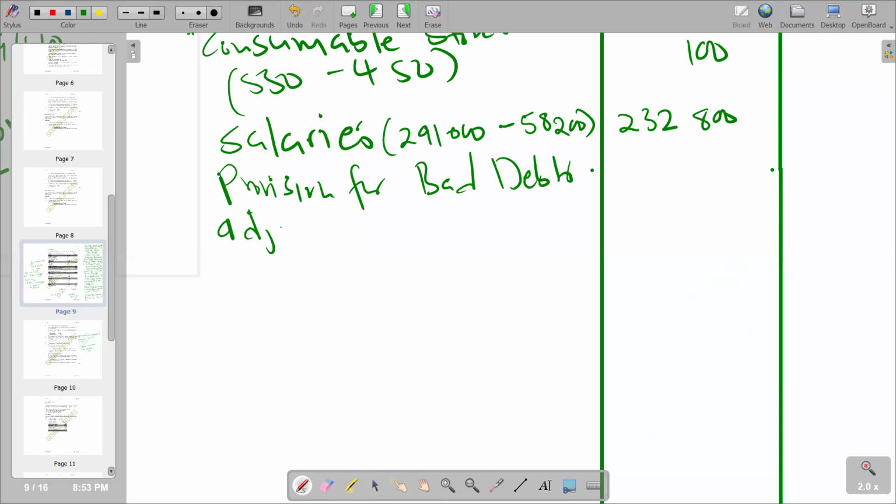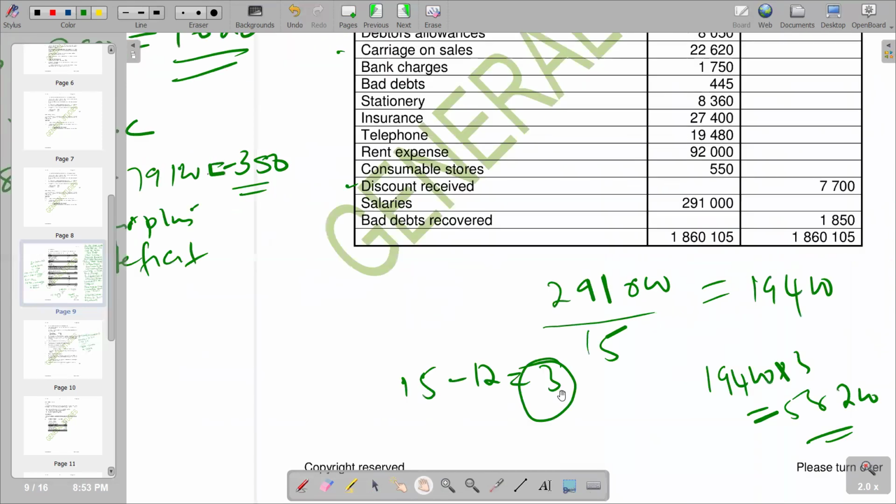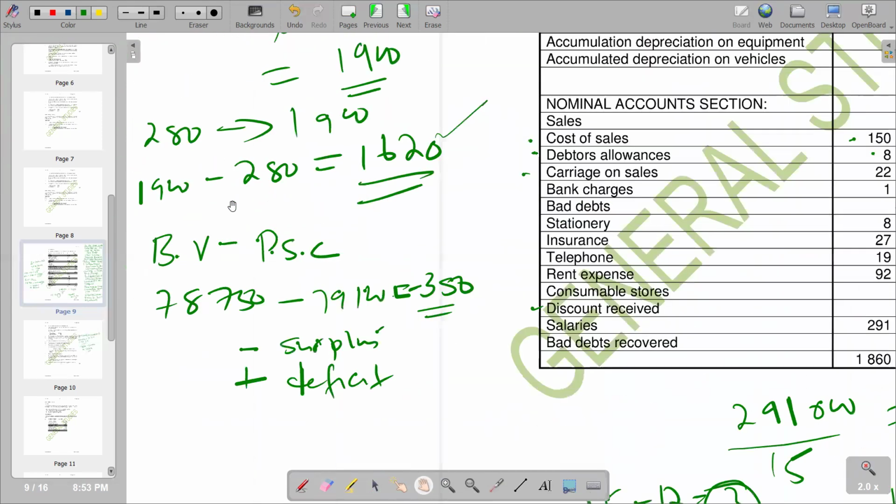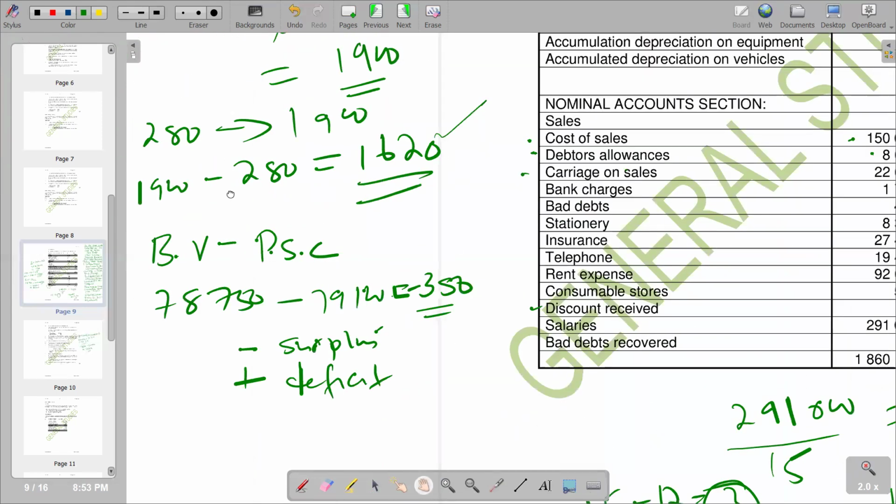Of course, we need to show the calculation for that one. But the net figure that we got was 1,620. Let's just try to refer back to the calculation. It's 1,900 minus 280.